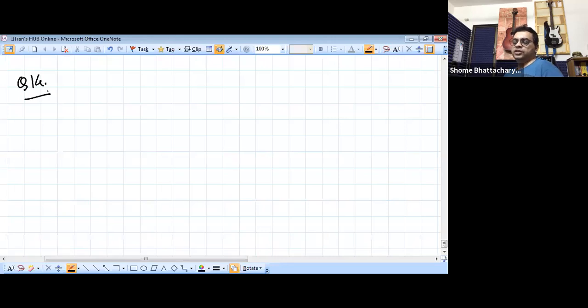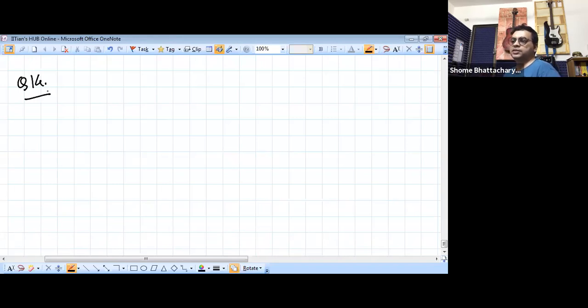Okay, so question 14, you are given these two vectors P and Q. One is 10 newtons towards the negative x-axis or towards the west, and the other one is like this at 30 degrees. Now we have to find the magnitude of P so that the resultant of the two is towards the north.